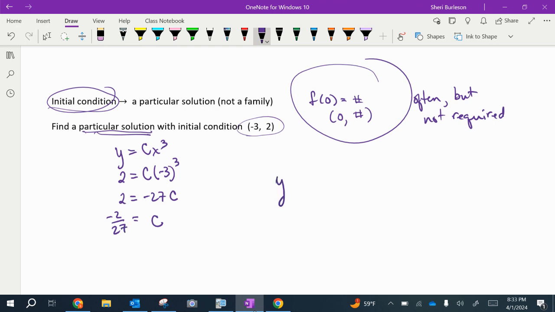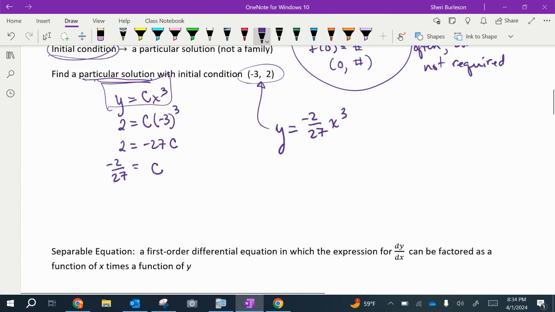So my particular solution is y equals -2 over 27 times x cubed. That is the one function in this form, y equals c times x cubed, that will go through that point on the graph. So when I am solving for a particular solution, I need to have an initial condition, and that's going to allow me to solve for the constant.